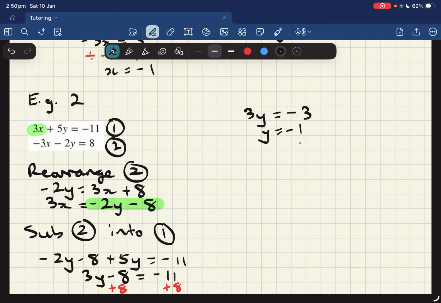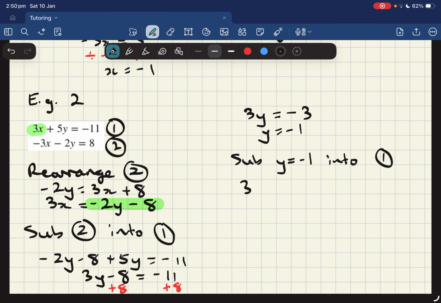Now, once I have this, I'm going to substitute it into either equation 1 or equation 2. It really doesn't matter, okay? It's going to give you the same answer. But what I'll do is I'll sub y equals negative 1 into, let's go, equation 1. So this is going to be done in order to find x.